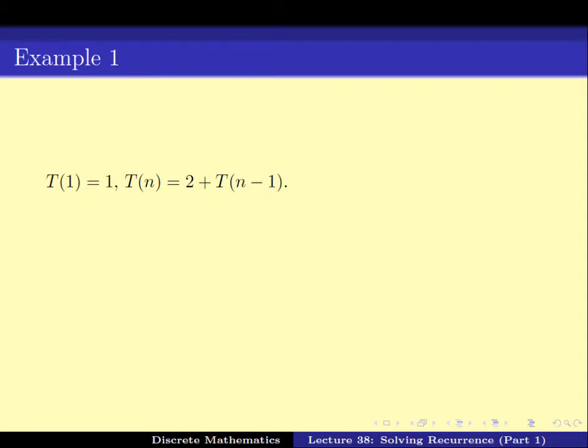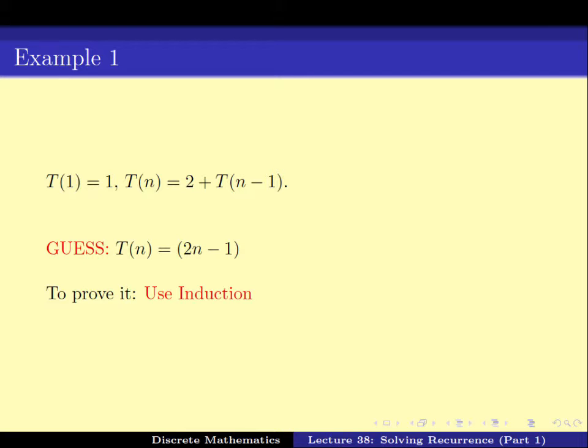Say, for example, if I tell you to guess that tn equals 2n minus 1. If this is the guess that we make, then we can try to prove this statement using induction. So the technique is first guess and then prove by induction.